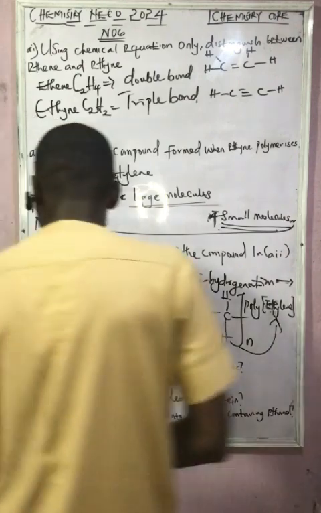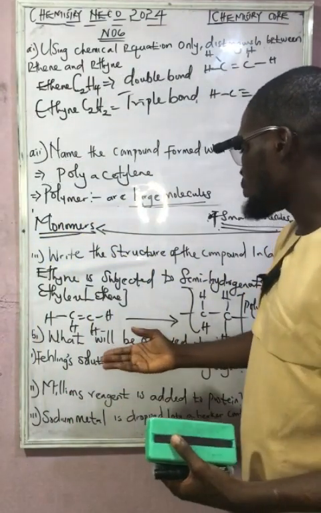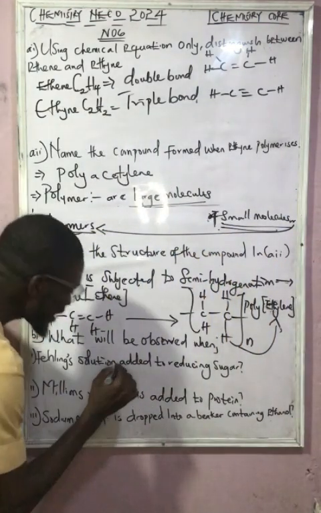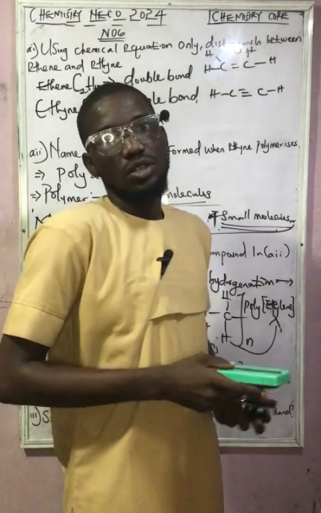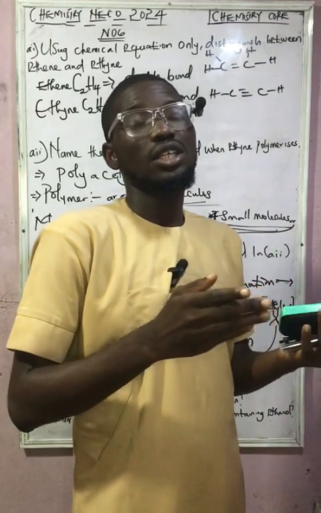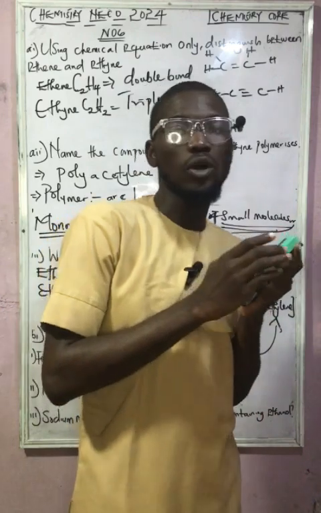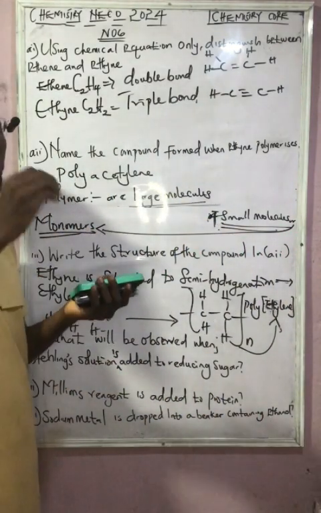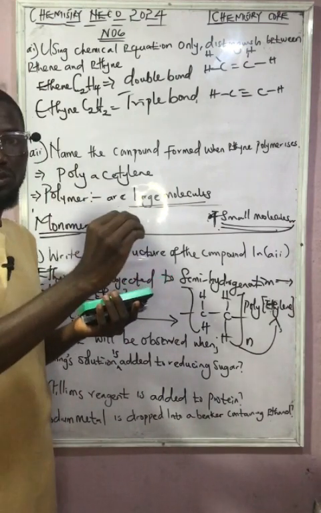So guys, the next question is 6bi. What will be observed when Fehling's solution is added to a reducing sugar? For Fehling's solution to be added to a reducing sugar, it will give us a particular color, and for us to have that color, it means it must have undergone a process we call complex formation.